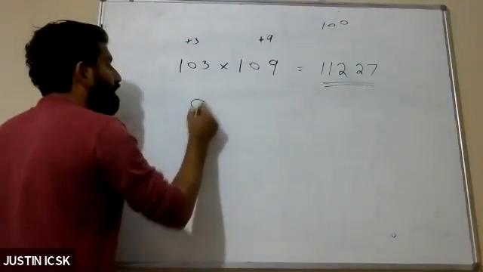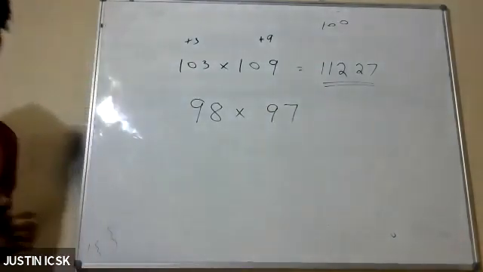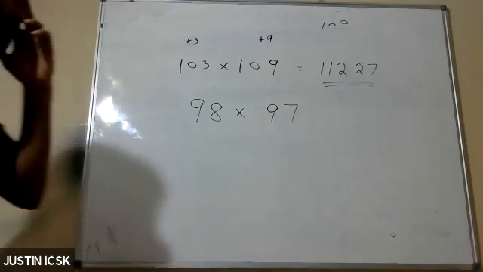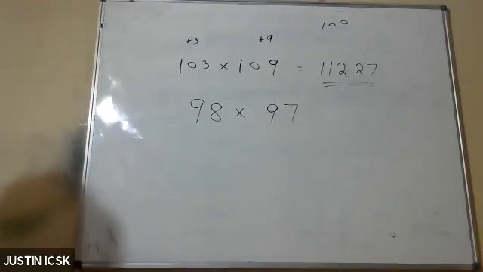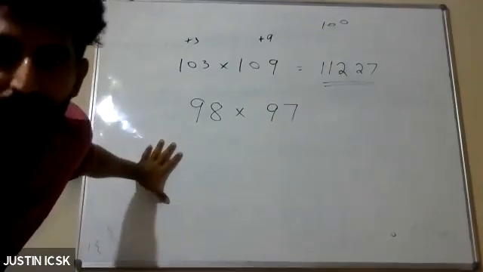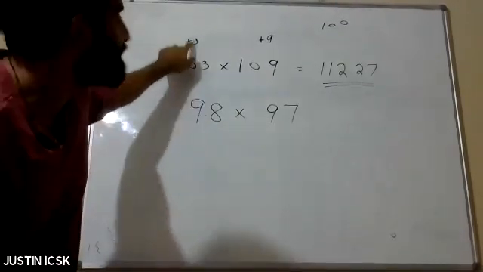How we will do that? You can write 98 into 97. Here we can see that, if it is 103 we write plus 3, right?